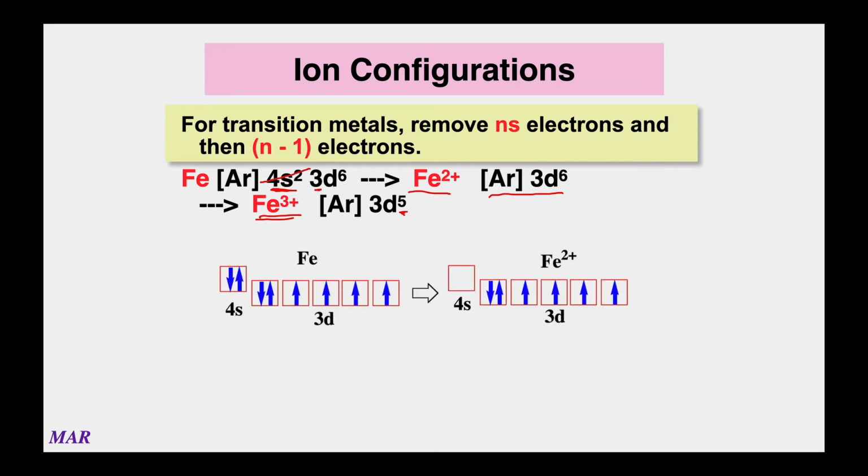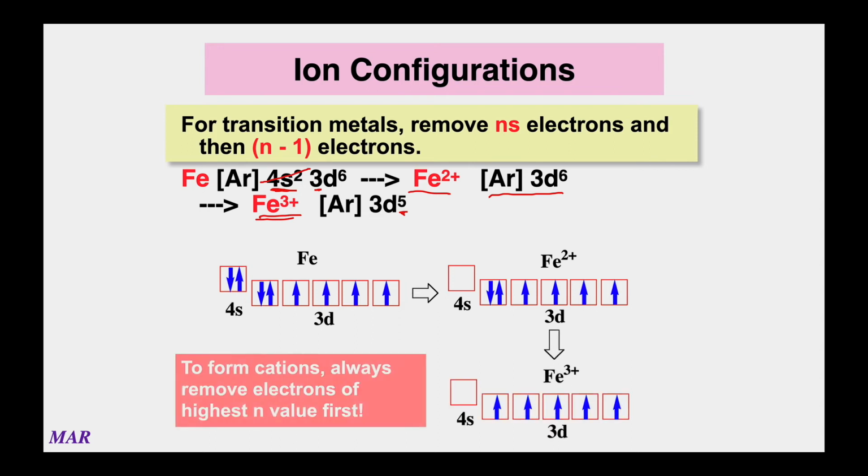Here's orbital box notation. Our iron 4s2 3d6 becomes just 3d6 when you have the iron 2+ ion. And if you make, of course, iron 3+, then you have 3d5. So again, always remove electrons from the highest N value first. And that usually means the s electrons before the d's you just finished putting in.